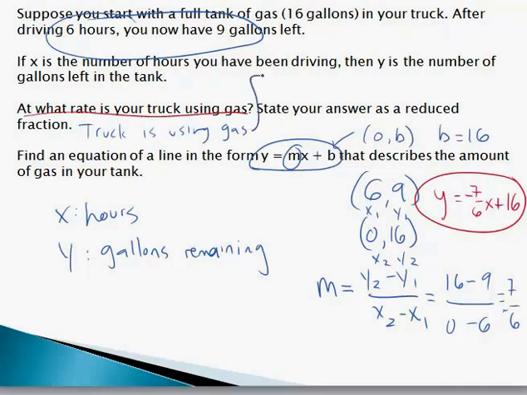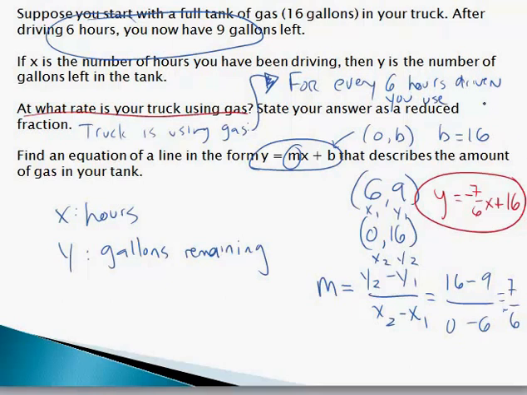I'm going to come up here to write this answer. For every 6 hours you drive, you use 7 gallons.